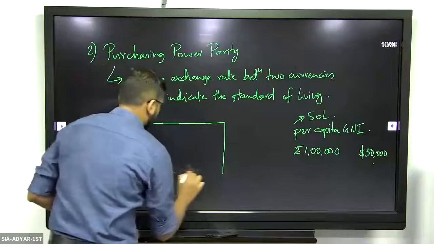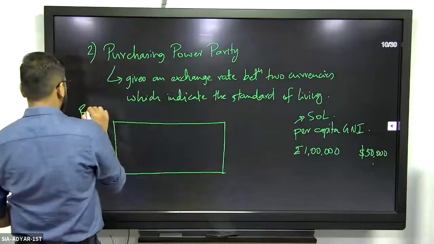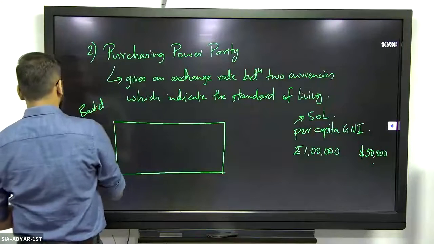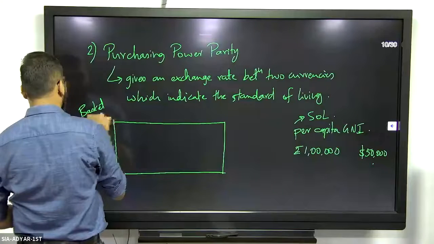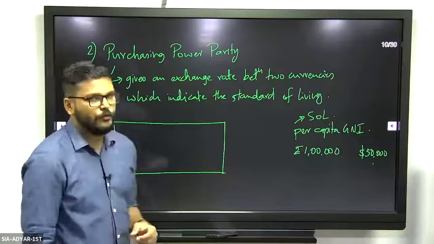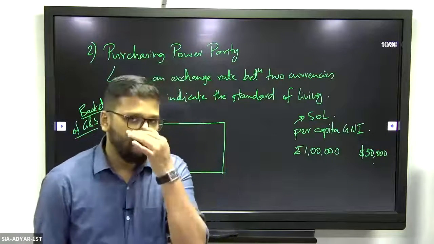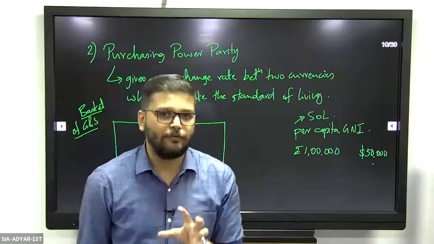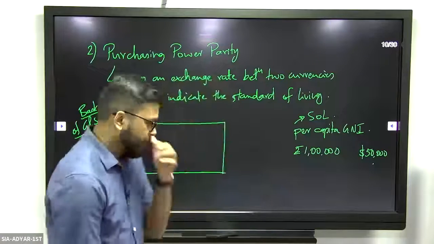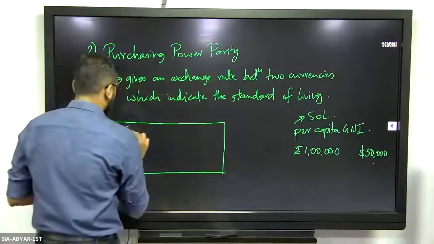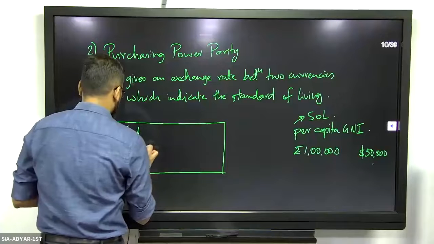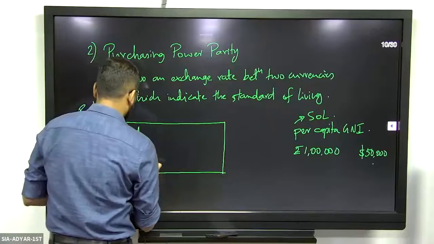Imagine that there is a basket of goods and services. What is this basket of goods and services? This basket of goods and services indicates a particular quality of life or particular standard of living. So it will have components like food, education, healthcare, housing.